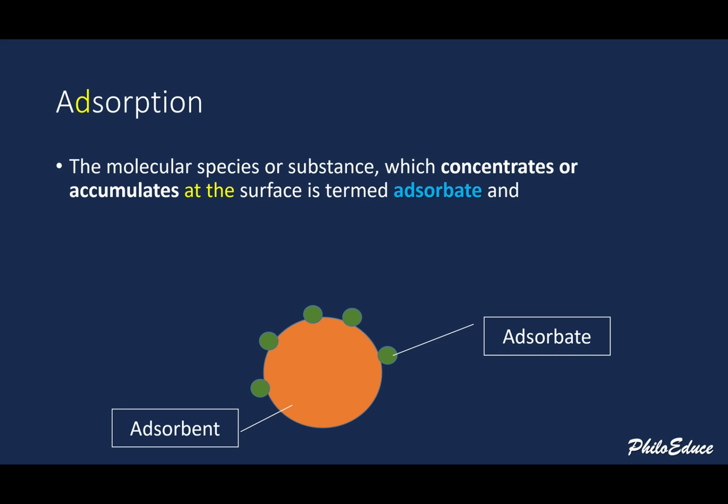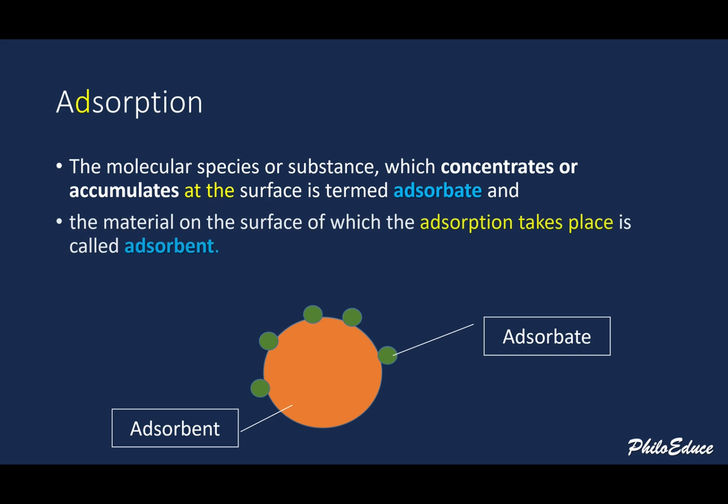The molecular species or substance which concentrates or accumulates at the surface is termed adsorbate. So here the green molecule is the adsorbate. And the material on the surface in which the adsorption is taking place is called adsorbent. So here the orange one shows the adsorbent.